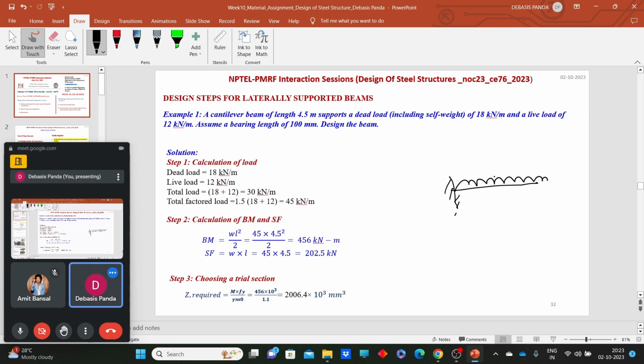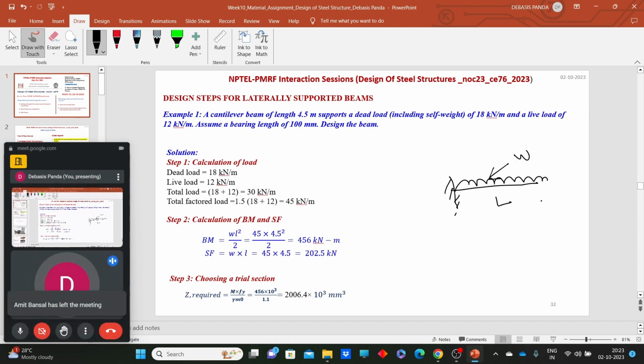For this we calculated the factored load, and due to the factored load, in step 2 we calculated the maximum bending moment and maximum shear force. Then in step 3 we calculated the required sectional modulus with respect to the total factored bending moment.